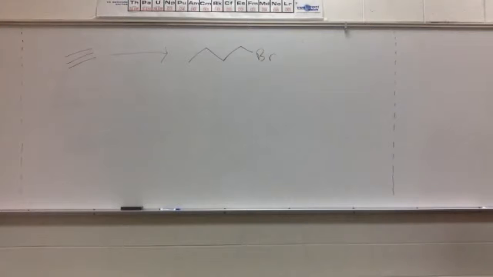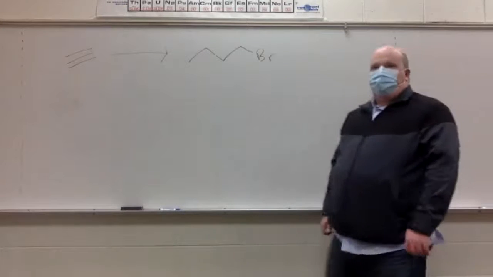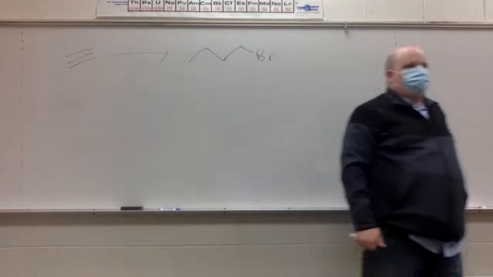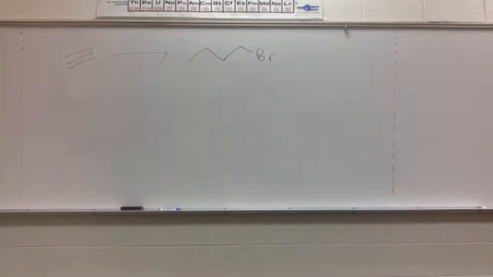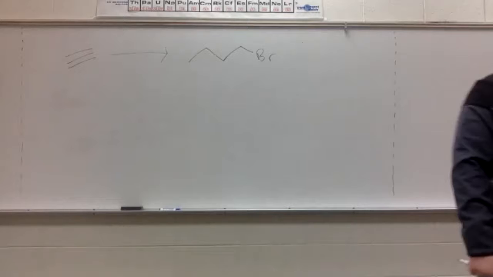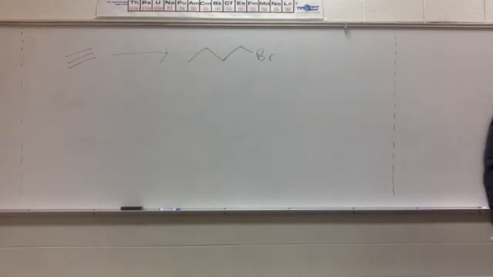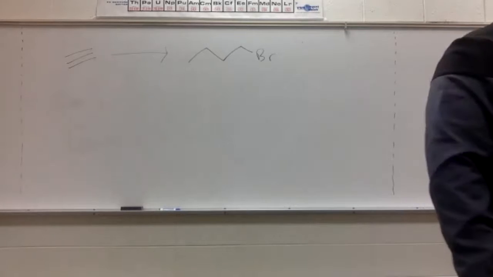Let's talk through this one. Take a look at what you got. Take a look at what you want to have. What are any preliminary observations you might have just from looking at this? Yeah, you're going to be adding carbons. So if you're adding carbons, what do you think you're probably going to end up doing?